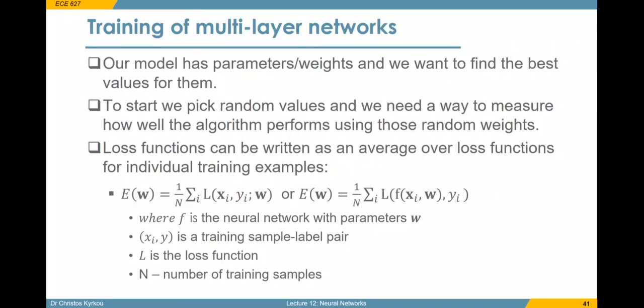So having decided our loss function, the next step is to see how we can update the values of our parameters, the W's and the B's for each neuron. So to start, we pick some random values for our parameters. And we will see later how the initialization affects the performance.